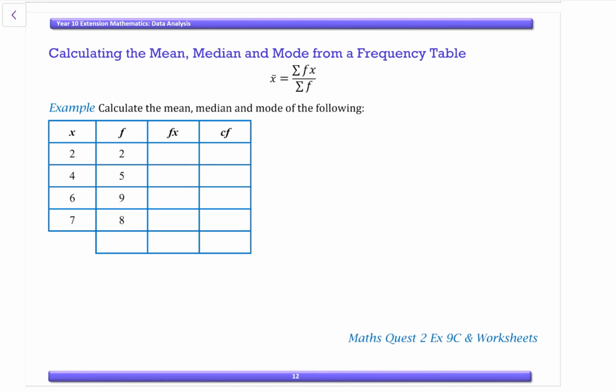Okay? So if we were looking at this data without the frequency table, we have 2 2s, 5 4s, 9 6s, and then 8 7s.